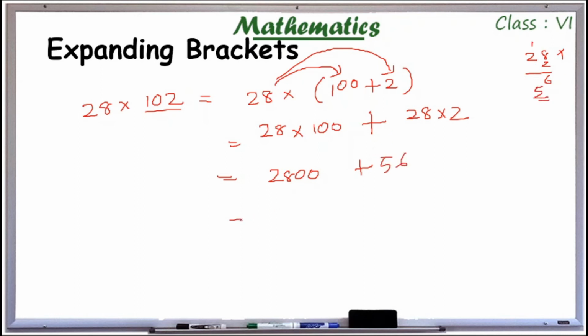So 2800 plus 56 is equal to 2856. So this is the sum.